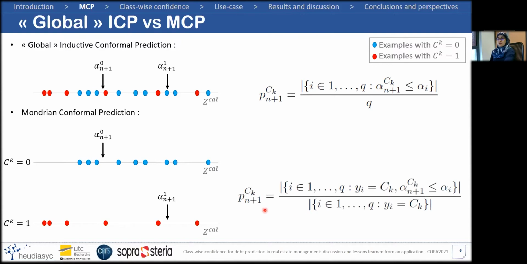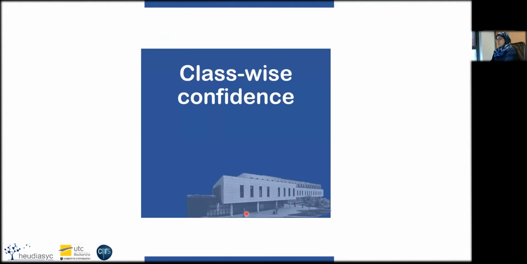So we have a p-value that is calculated this way, where, as I said, we only take into consideration the examples that belong to the same class as the one we are testing for the example n+1. So here's the difference.